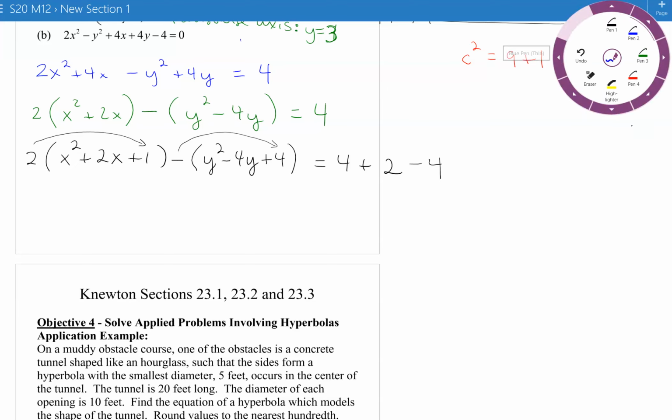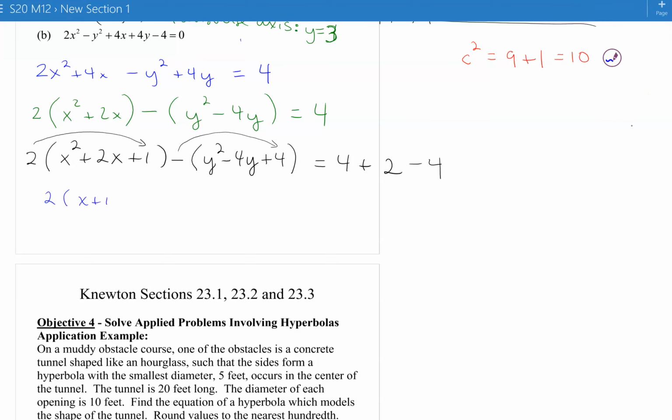Okay, so now I have 2 times x plus 1 quantity squared minus y minus 2 quantity squared equals 2. And I need to divide both sides by 2 so that I'm in the standard form. So I'm going to have x plus 1 quantity squared minus y minus 2 quantity squared over 2 equals 1.